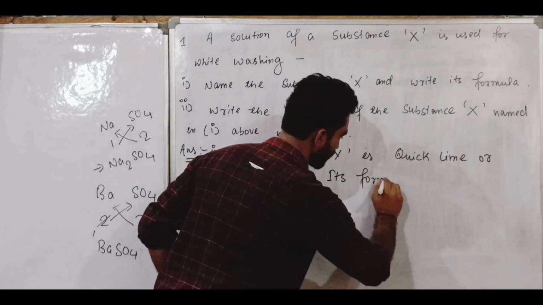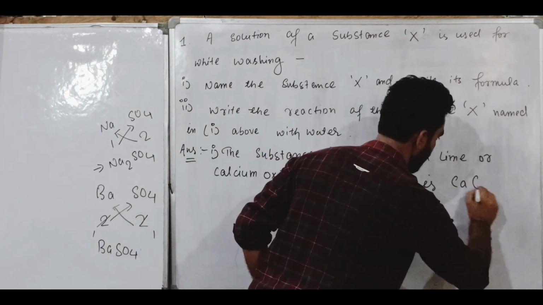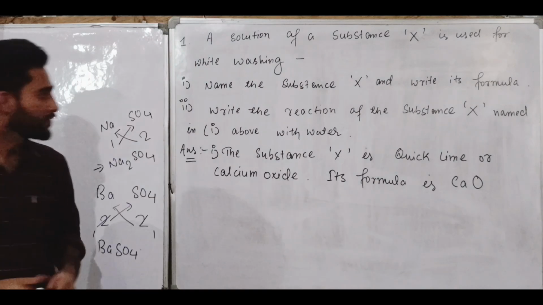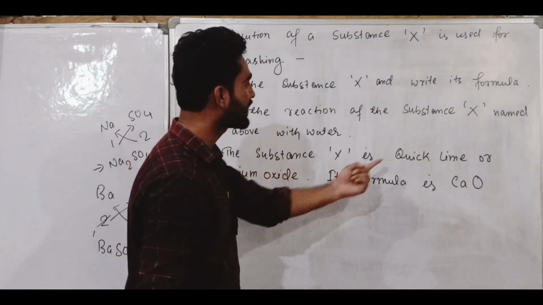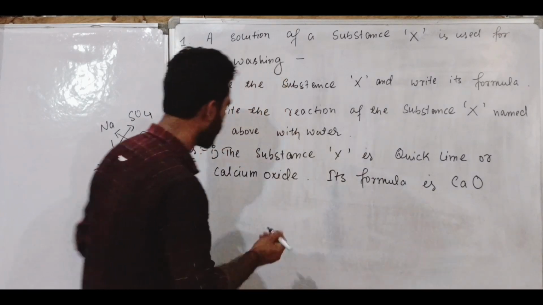Its formula is CaO. Okay, so the substance X is the quicklime or calcium oxide. Its formula is CaO.